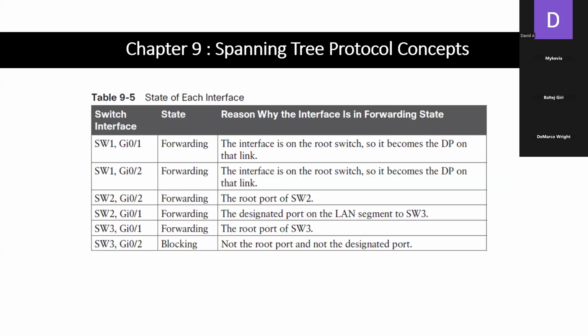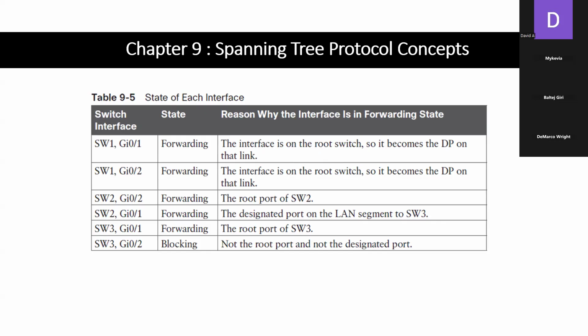Hopefully that makes sense. Please take a screenshot of this. We talked about the diagram, so we don't really need to go over that. It's basically explaining how we converged the topology, because what you guys saw was spanning tree convergence.